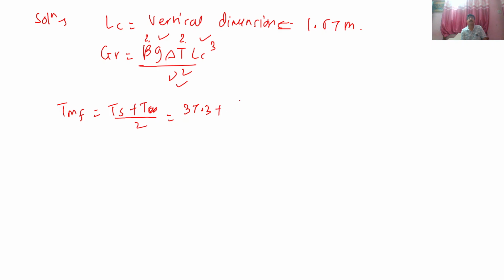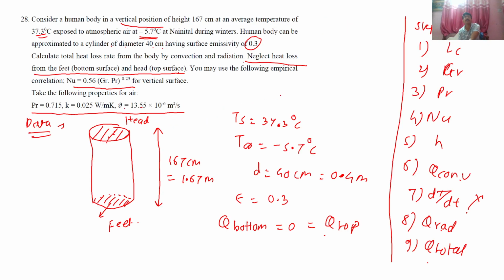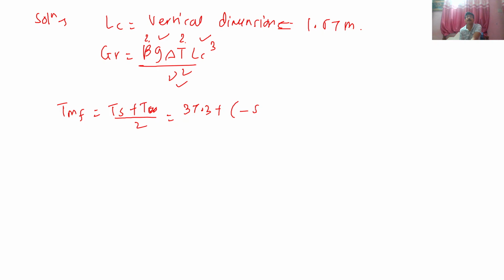37.3 plus T infinity. I think it goes in minus ना, नैनीताल है, -5.7 upon 2.